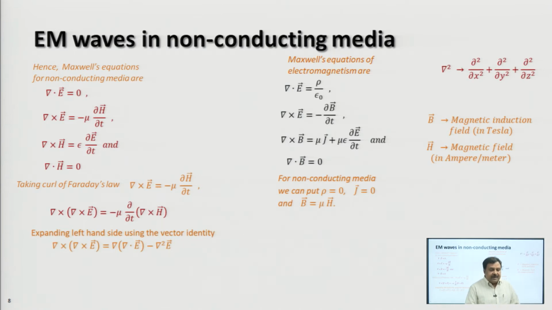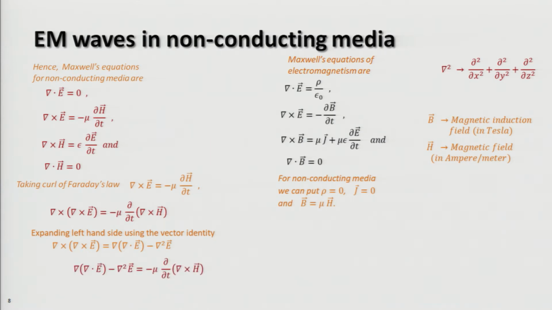So, let us use vector identity curl curl E equal to gradient divergence E minus del square E, where the operator del square is given by this equation.